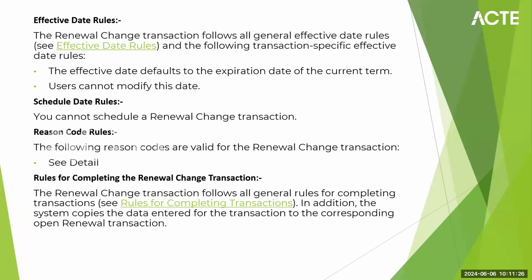Okay. And rule for completing the renewal chain transaction. In addition, the system copies the data entered for the transaction to the corresponding open renewal transaction. Nothing but whatever changes you are doing for the renewal chain transaction, the system will copy the data entered for the transaction and it will open a new renewal transaction.